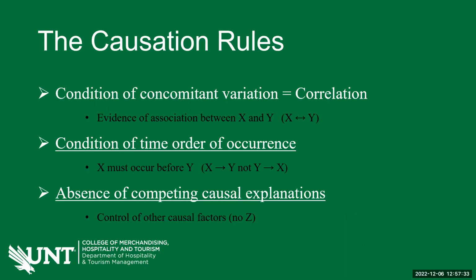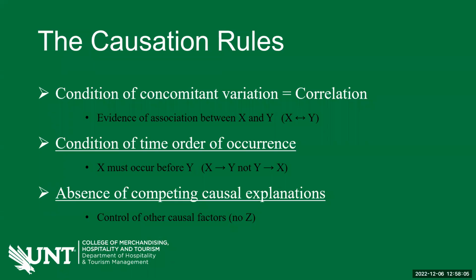And that's a basic assumption in the experiment, that we need to do something to our survey participants to cause them to do something as a response. So there has to be a manipulation in the experiment that makes the time order, like our independent variable X, appear before Y. And the third rule is absence of competing causal explanations.